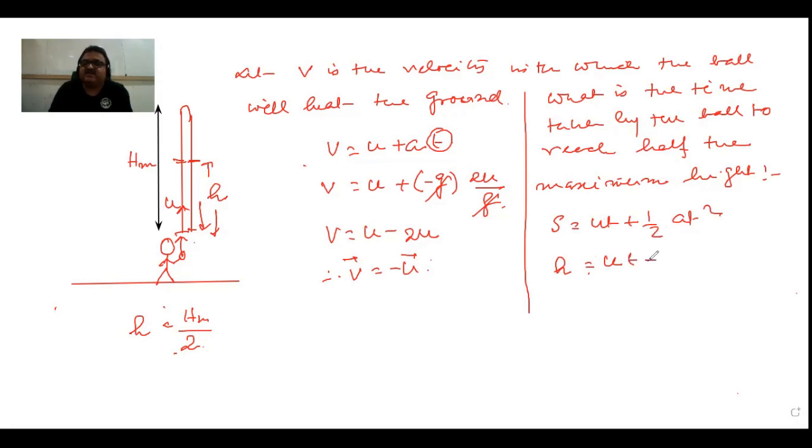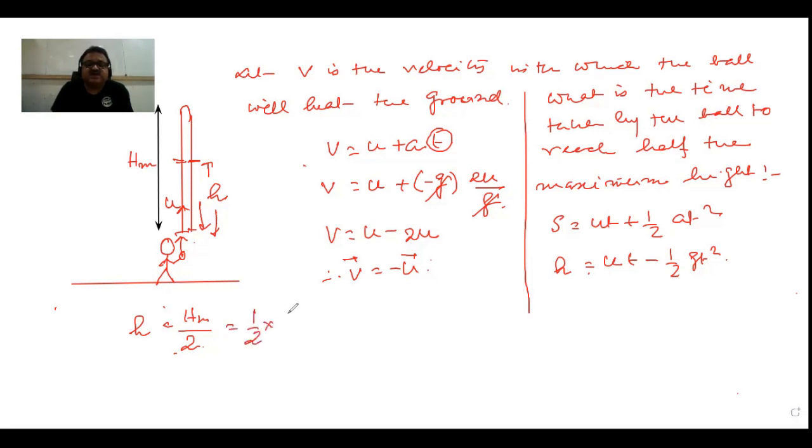Correct? Minus half g t square. Now watch carefully. What is h? h equal to h max by 2. And what is the value of the maximum height reached? The value of the maximum height is u square by 2g. Correct?